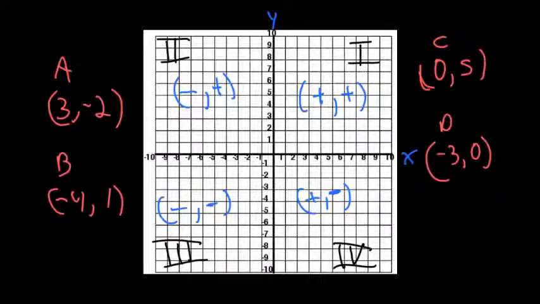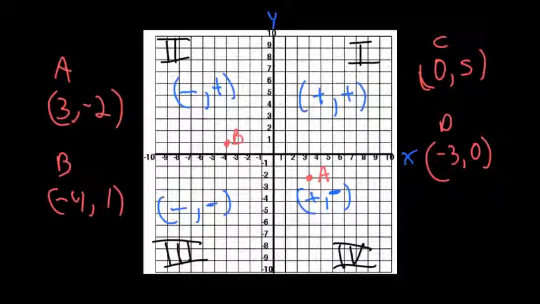So A is at x +3, y -2. We're going to go 3 along the x-axis in a positive direction, and then 2 down, because down is negative. So A would be at 3, -2. B is at -4, +1. We're going to go 4 left on our x and 1 up on our y.